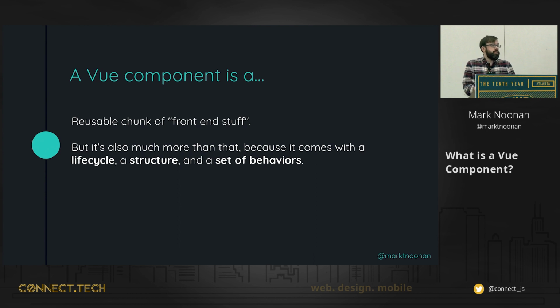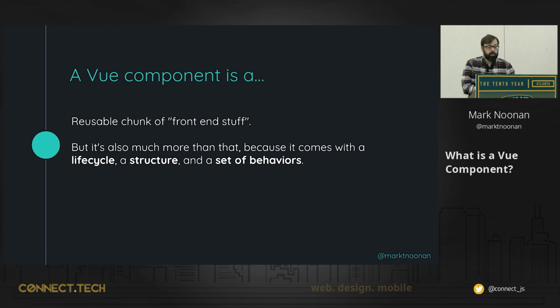The general sense I had of what a Vue component is, and this is the definition across lots of frameworks, is that a component is a reusable chunk of front-end stuff, which is both accurate but also tells us nothing about what a component is. It's any HTML, CSS or JavaScript that you can combine together or not and put on a page or not, so it's very generic.